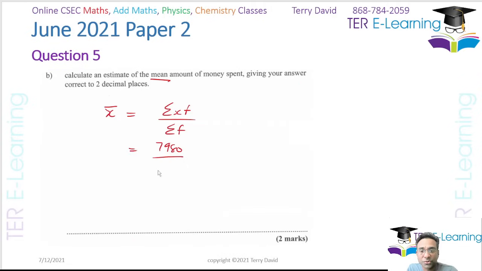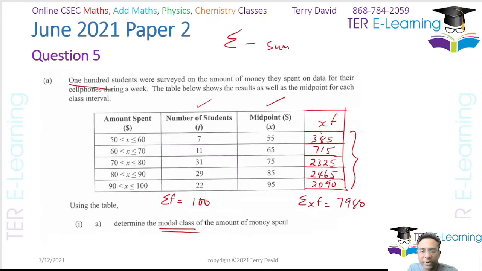So you're dividing that by 100. And they said mean amount of money, so we should put this in dollars. So this is going to be $79.80, right? So $79.80 is our mean for this data they've given us here.